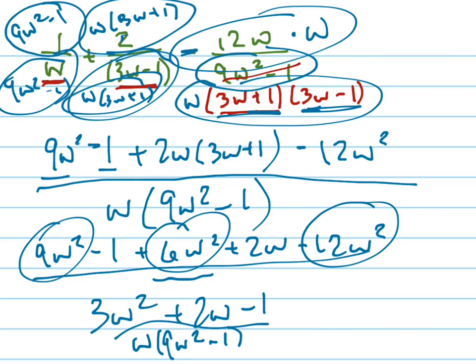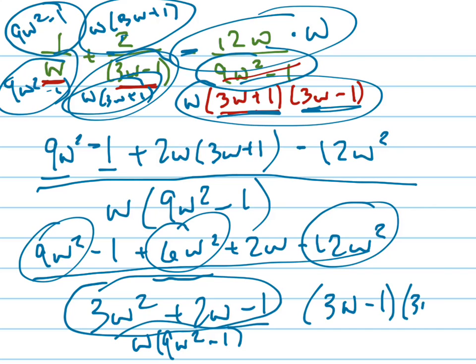I can multiply the w in, but instead I'm going to make sure that this doesn't factor, which I think it might actually. Let's see if I can factor it into 3w minus 1 and w plus 1. Does that work?